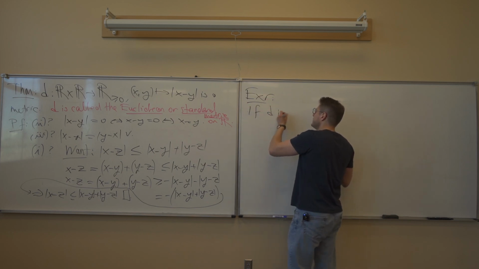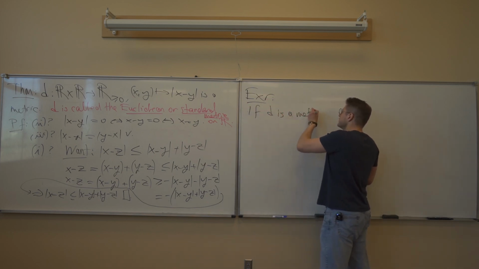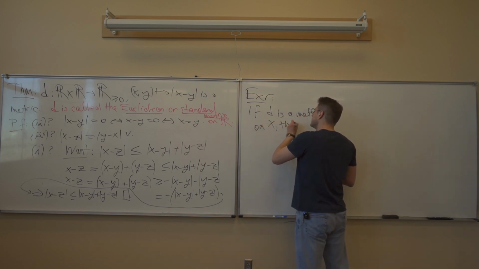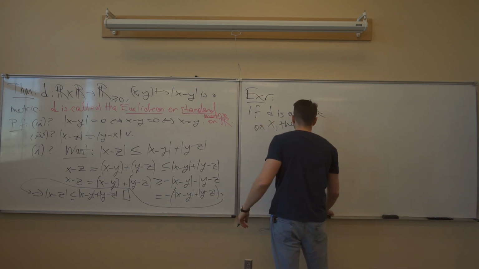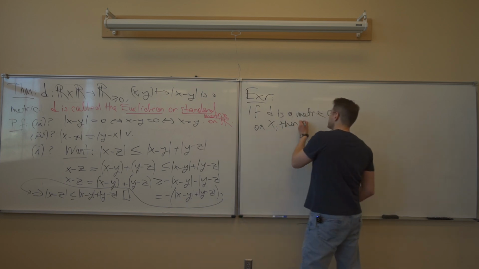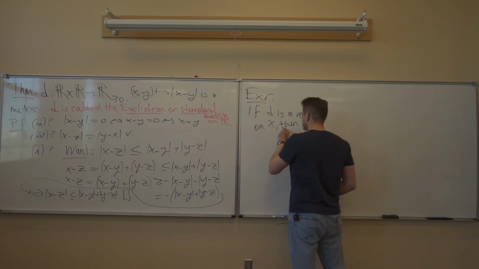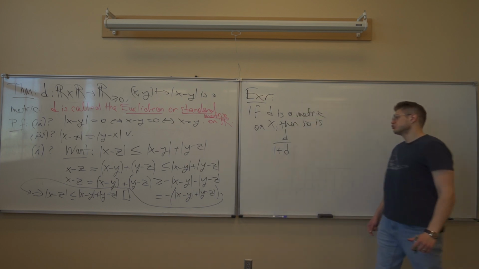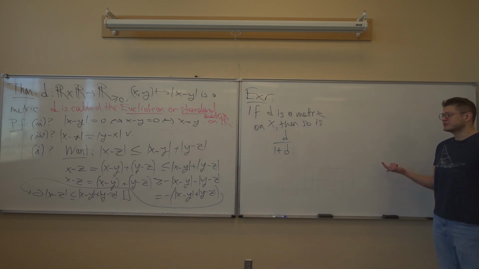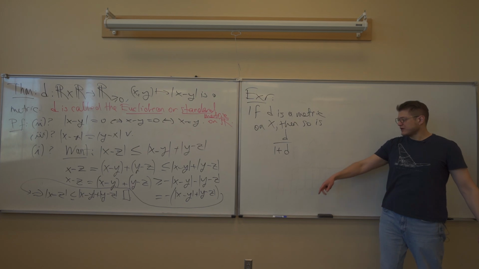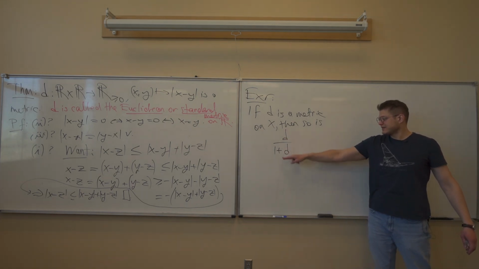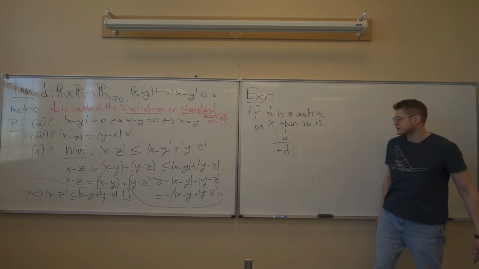If D is a metric on X, then so is D divided by 1 plus D. So take x comma y, and to figure out the distance between x and y relative to this guy, I'm saying, okay, measure it relative to D, and then look at this thing.